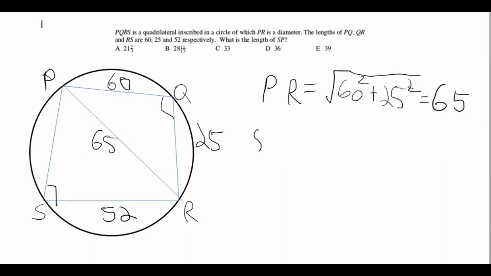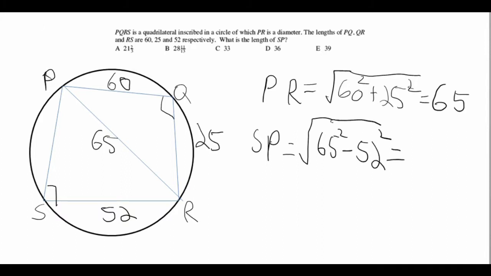So SP is equal to the square root of 65 squared minus 52 squared, which is equal to, using my calculator, 39. So the final answer is 39, and this corresponds to E.